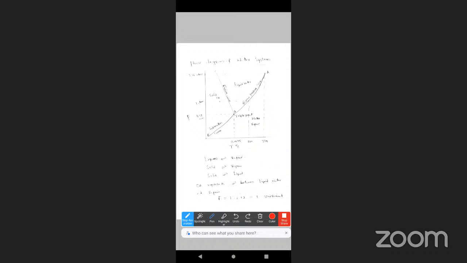Now here the 100 degrees Celsius temperature is the temperature at which the vapor pressure becomes equal to 1 atmosphere. That is the boiling point of water. The boiling point of water is 100 degrees Celsius, where the vapor pressure becomes equal to 1 atmosphere, which is atmospheric pressure.